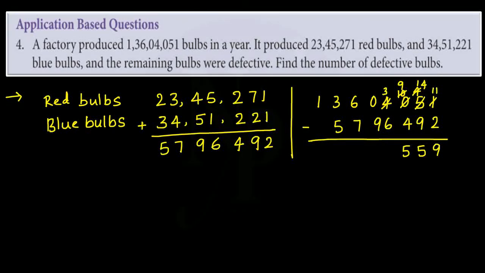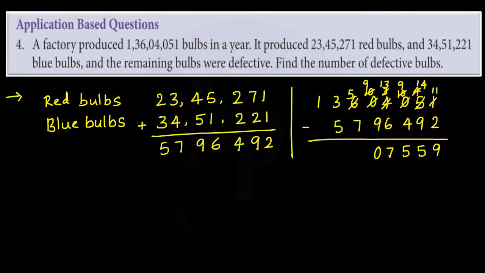To subtract 6 from 3, we need to regroup again. So this becomes 5, and 0 now becomes 10. And again we will make it 9, and we make it 13. Subtracting 6 from 13, you get 7. And subtracting 9 from 9, you get 0.